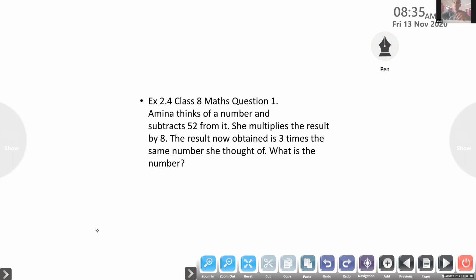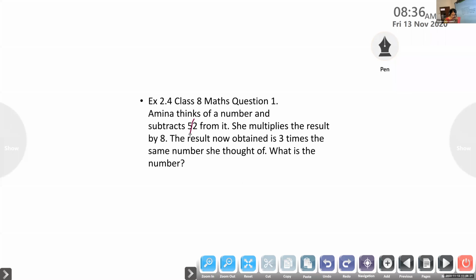Amina thinks of a number and subtracts 5 by 2 from it.